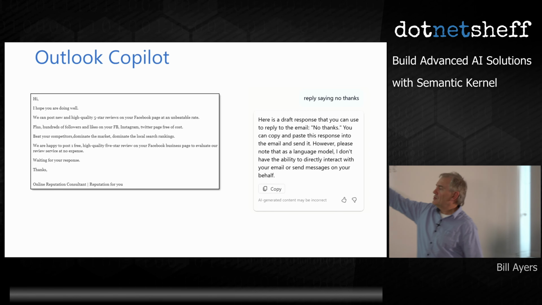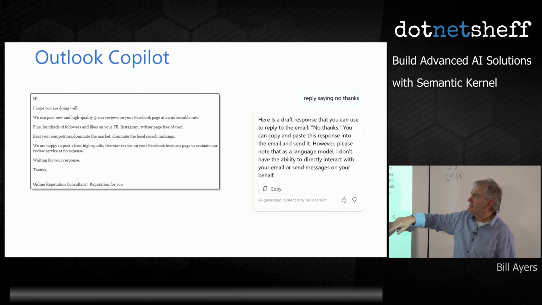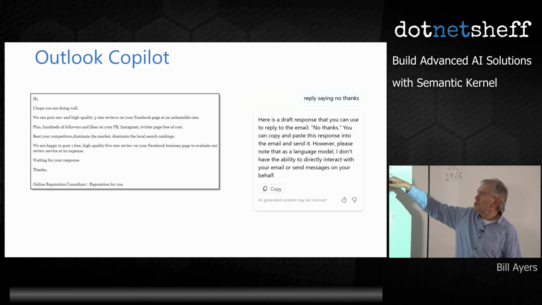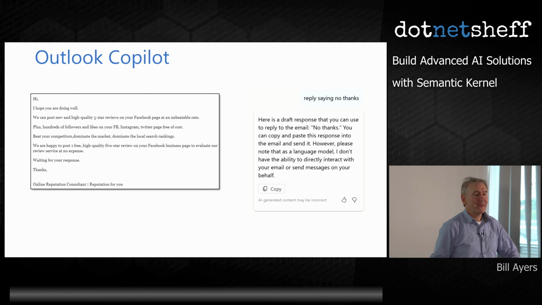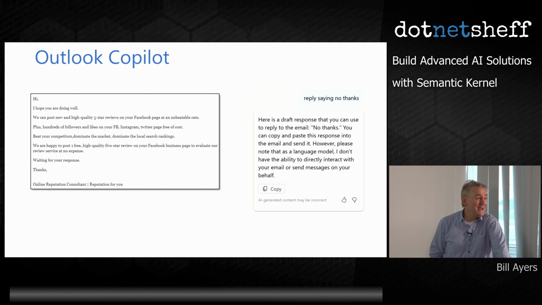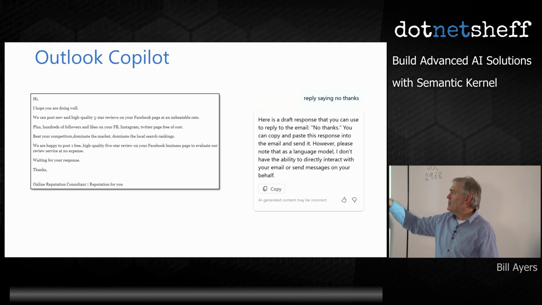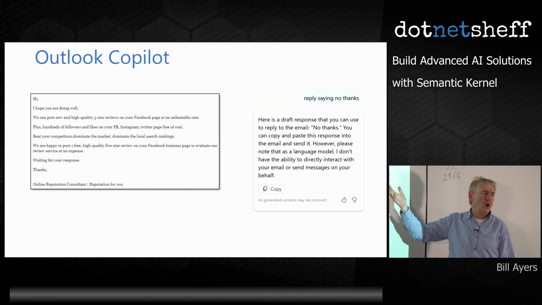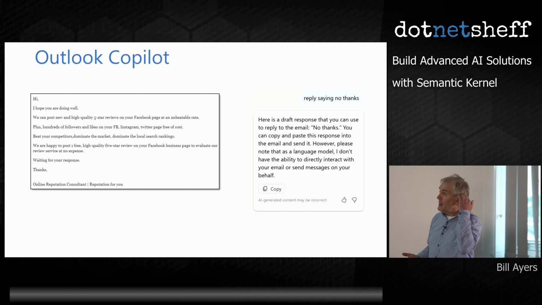So I tried to use Copilot and said, reply saying no thanks. Copilot says, here is a draft response that you can use to reply to the email. No thanks. It's really helpful. You can copy and paste it into the response. However, I can't directly interact with your email or send messages on your behalf. Come on. That's exactly what I want you to do, is send messages on my behalf.